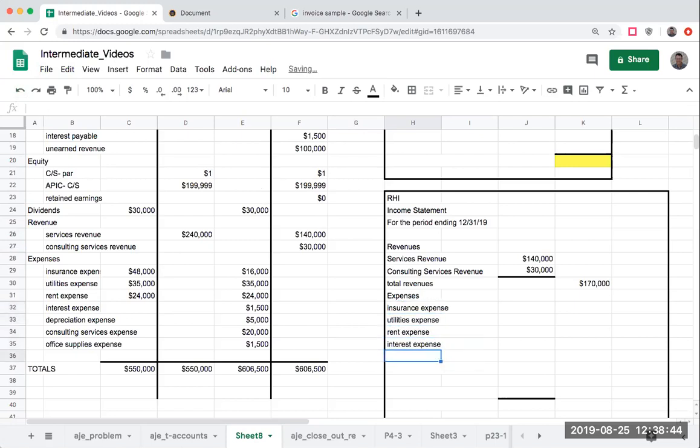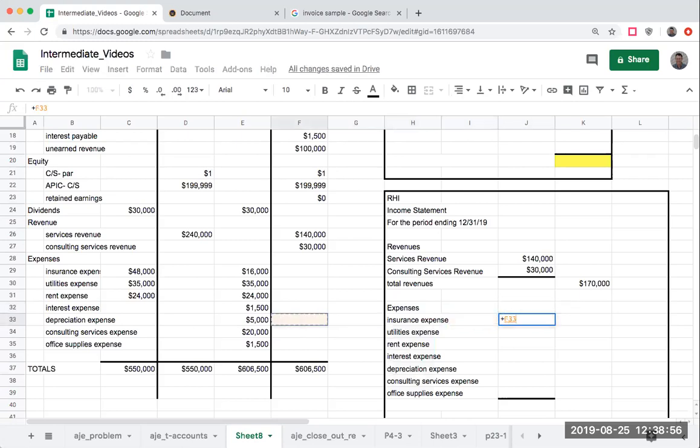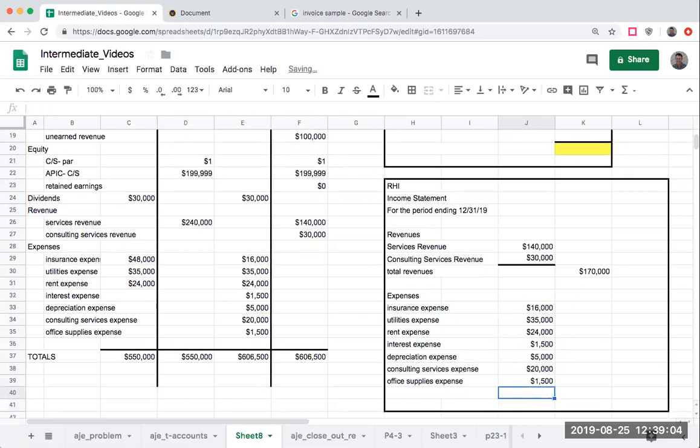So what I'm going to do is list out all of my expenses. So my insurance expense was 16,000, utilities 35, interest, and then we get down to office supplies expense.